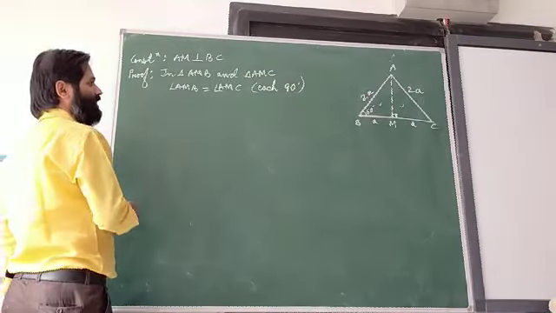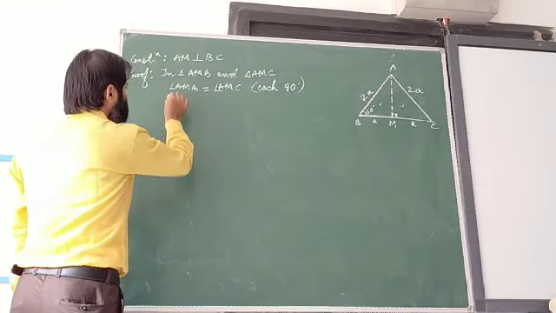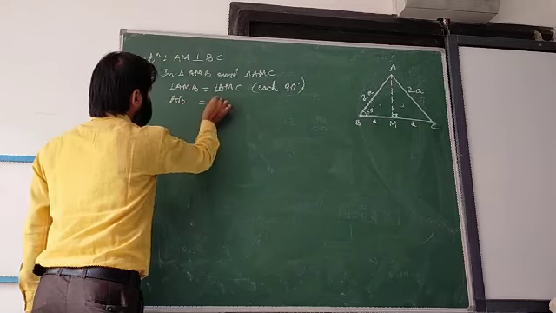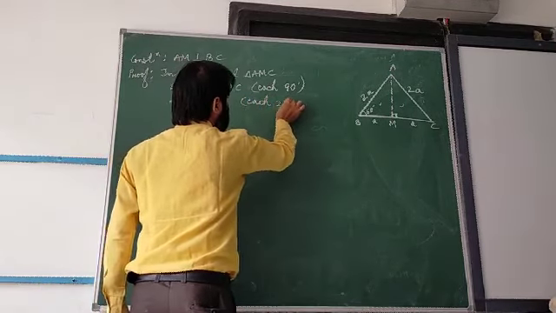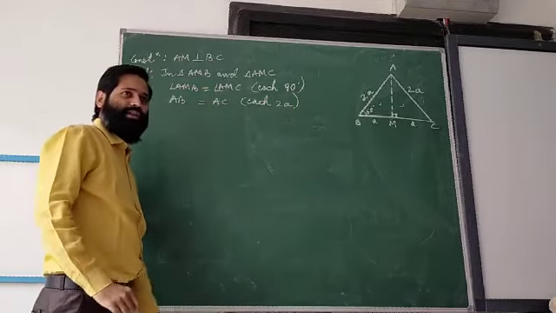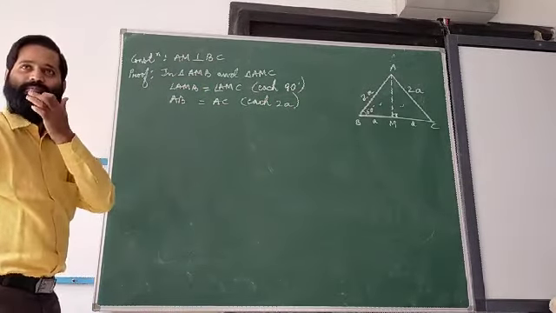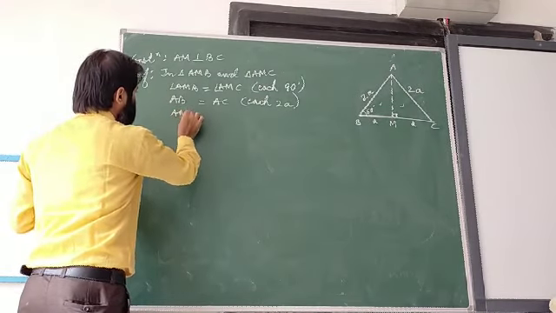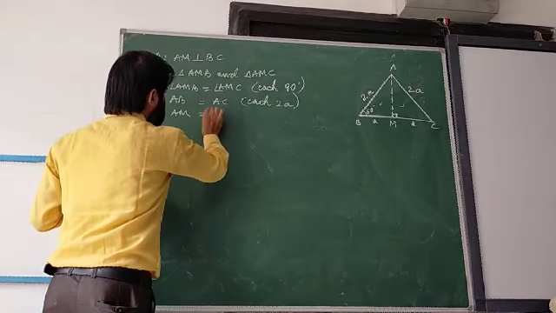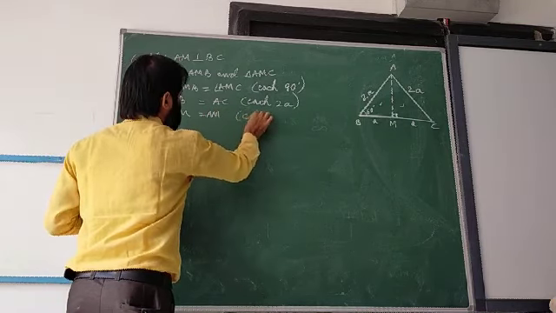Right angle, hypotenuse. Now what is the hypotenuse? AB. So AB equals AC. Why? Each 2a, or you can say sides of an equilateral triangle. Any problem? Then next is AM equals AM. Why? Common side.